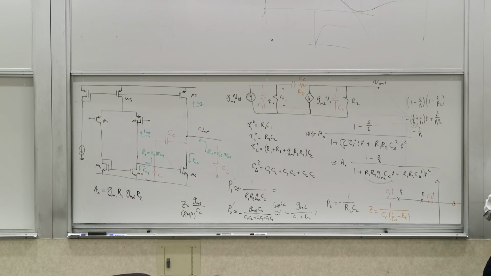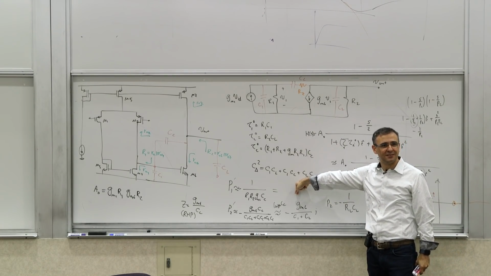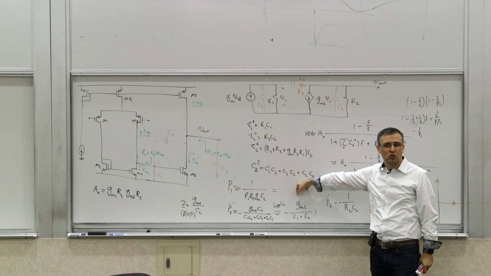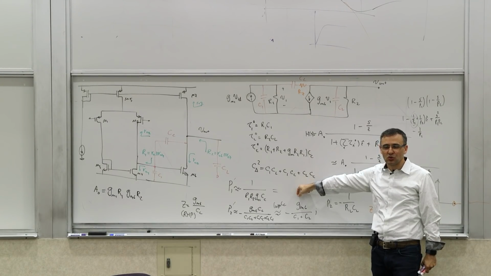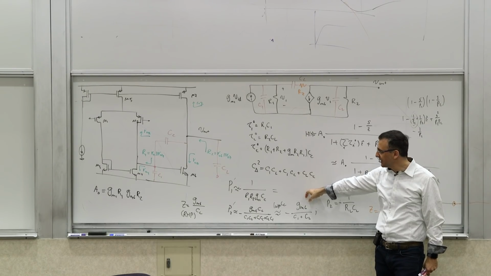But we can actually do even more. What if RZ is greater than 1 over GM6, or RM6? It comes back from negative infinity, right? And now it's the left half plane zero. So if you keep increasing RZ, what can you do with that?